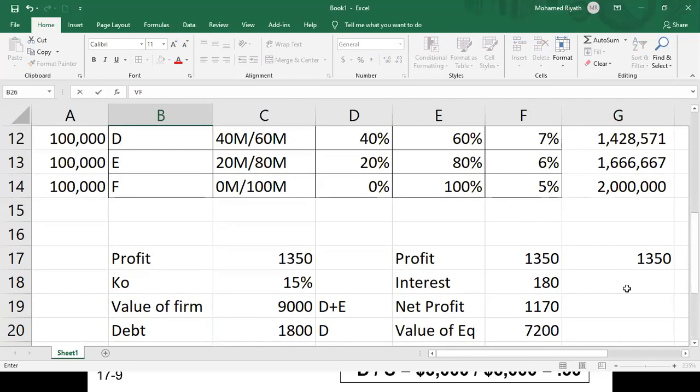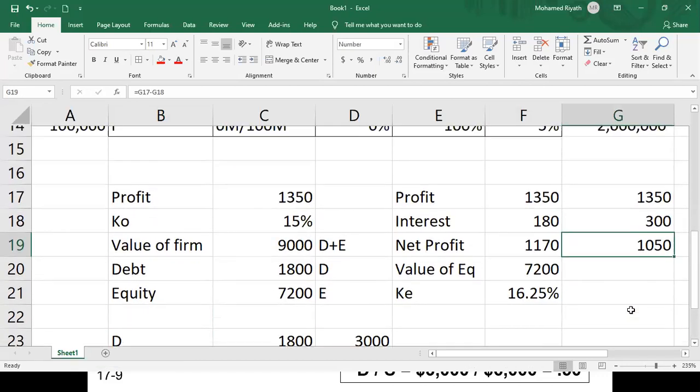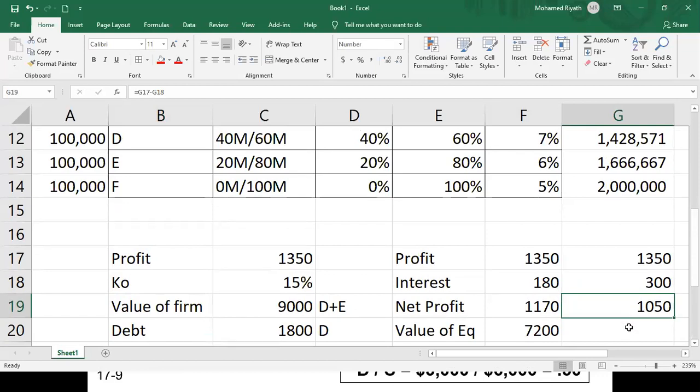Interest is 300. Net profit is how much? 1,050.